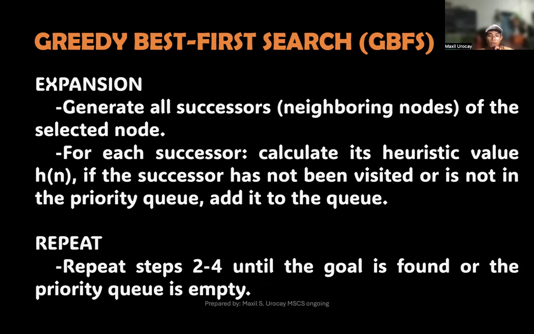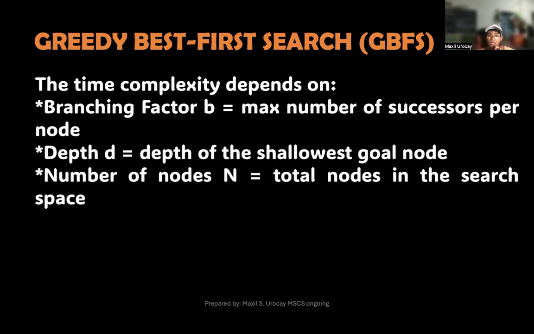The time complexity depends on the branching factor, where b is the maximum number of successors per node, and the depth d is the depth of the shallowest goal node. We begin with the initial node, and n is the total number of nodes in the search space.